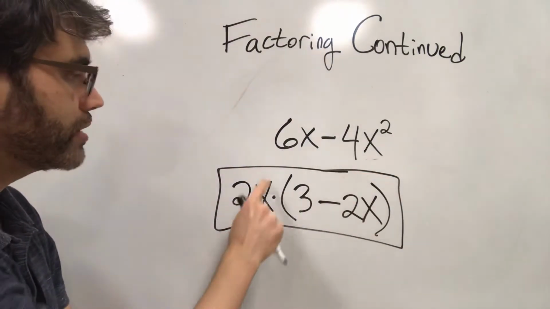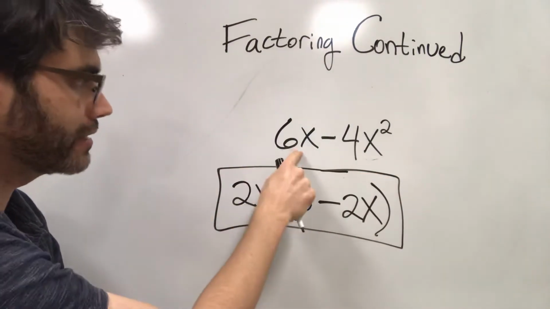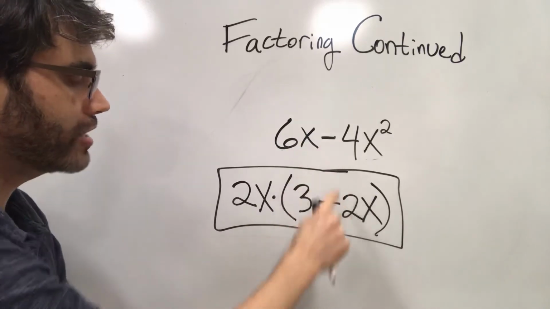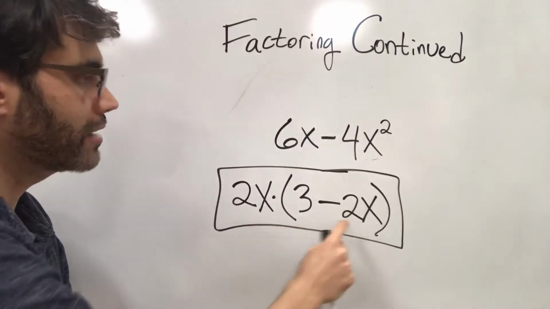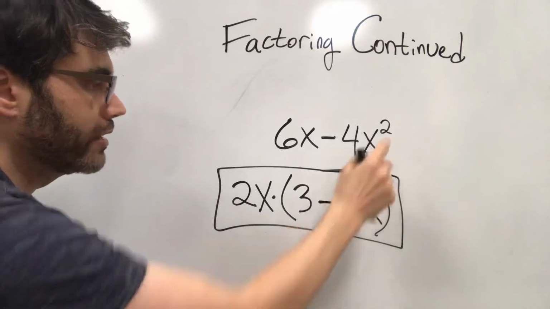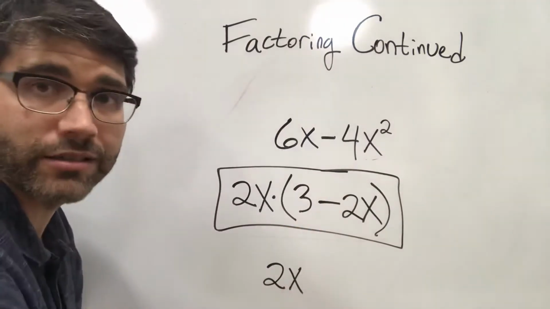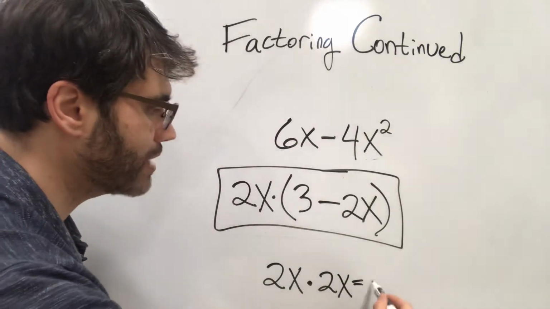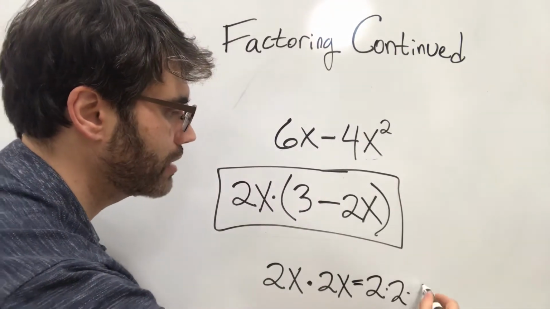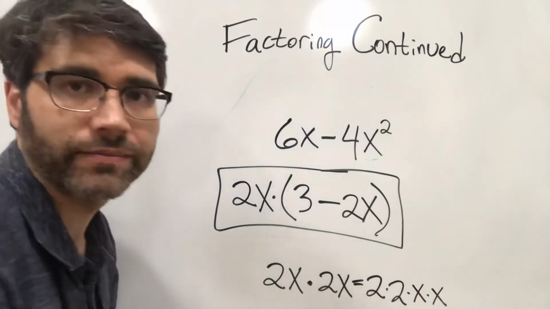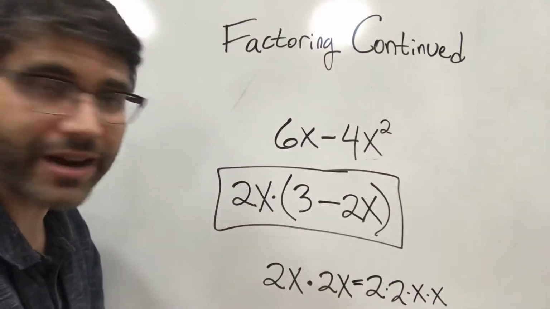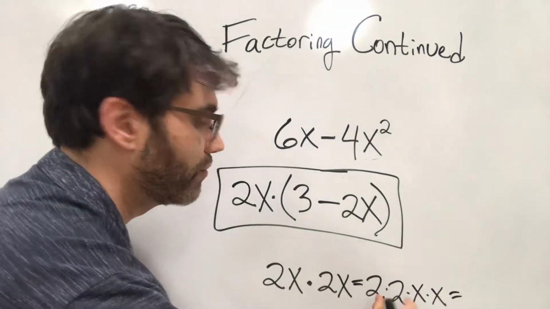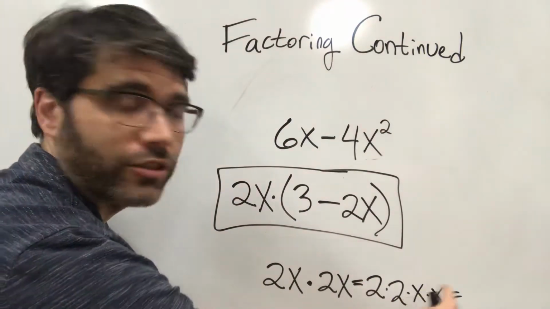Because if I were to distribute this 2x over to 3, I'd get back 6x, and then subtraction, and then 2x times 2x is 4x squared. You could rearrange that by saying 2 times 2 times x. As you see, this is 4, and that's x squared.